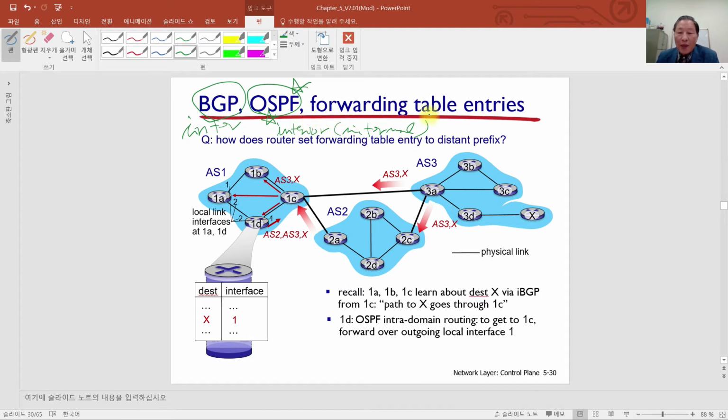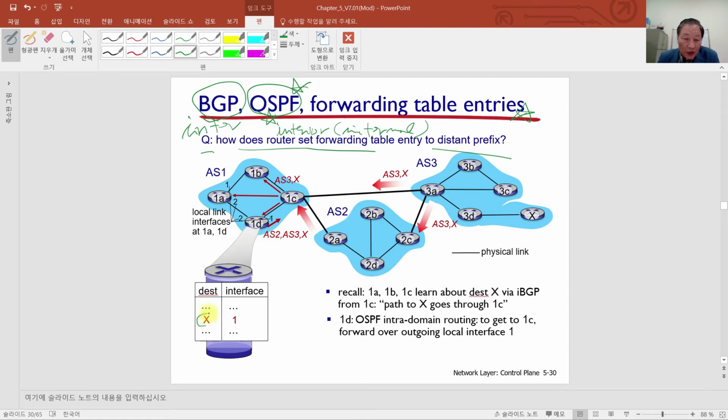And how the forwarding table can be updated, this one is explaining. This is also explained in detail in the video notes, as I showed you already in the supplementary web page. The question is, how does a router set a forwarding table entry to a distant prefix?